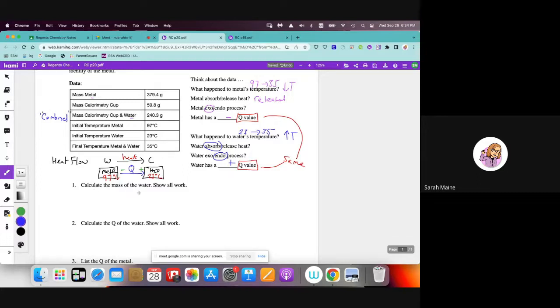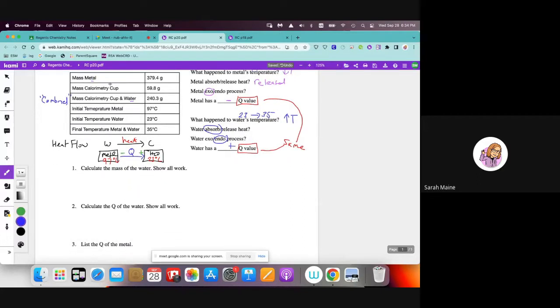So we have to come up with the water's mass. It would be our combined mass of 240.3 grams, because it's asking us to show the work, that means correct numerical setup, minus the mass of the calorimetry cup, which is 59.8 grams, and that's the container.